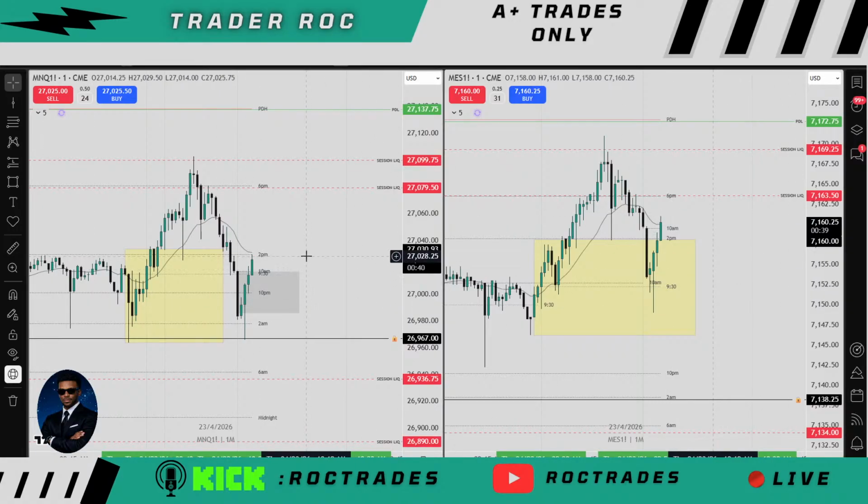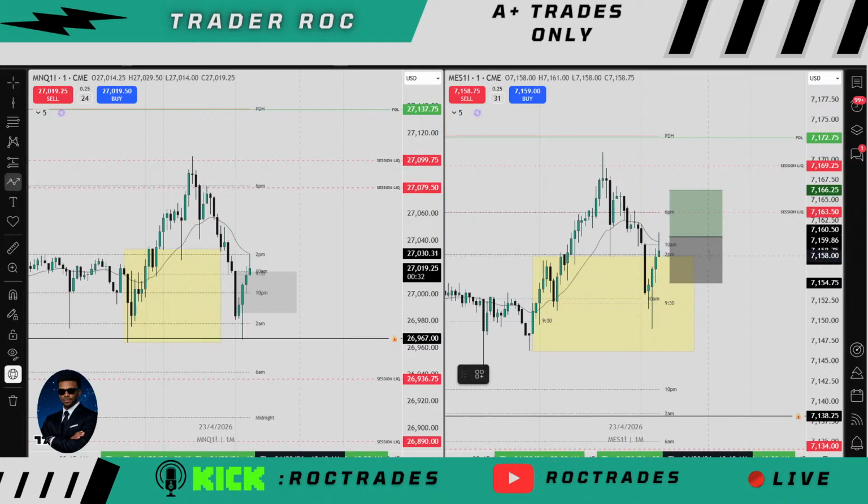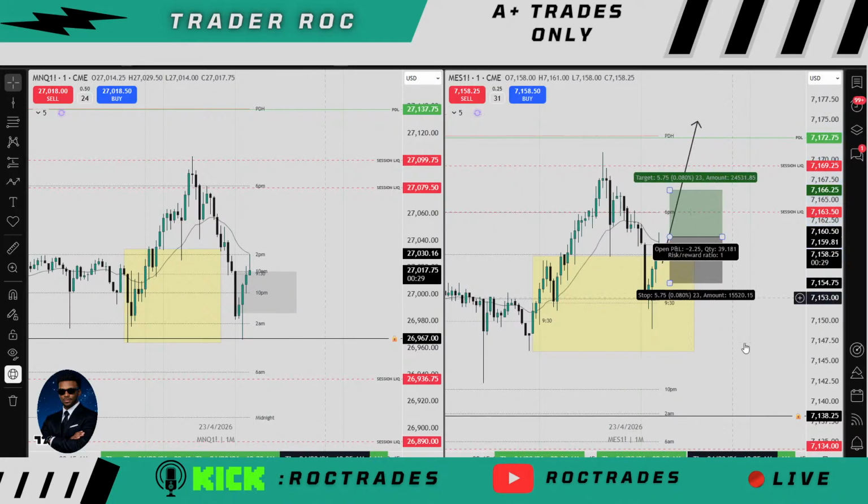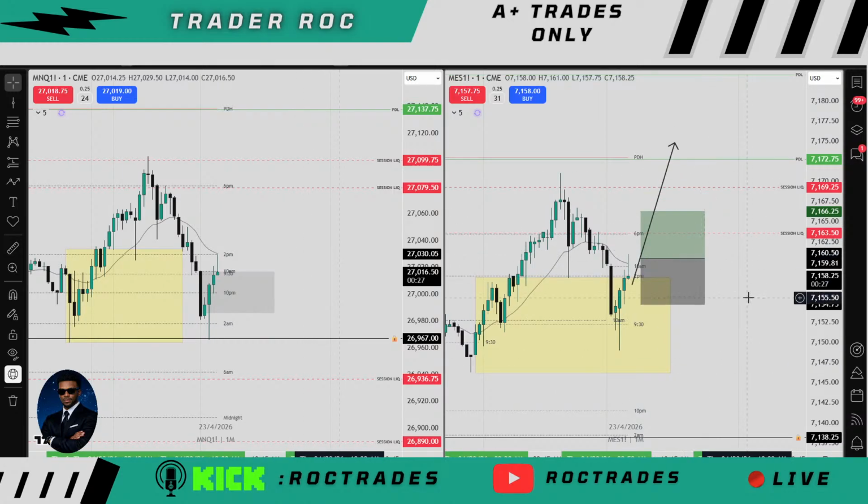This is quick, kid. I want to buy ES as well. I would like to buy ES above this 10 a.m. here. I'm looking for that previous daily high as my target.